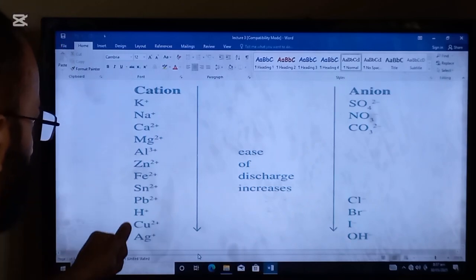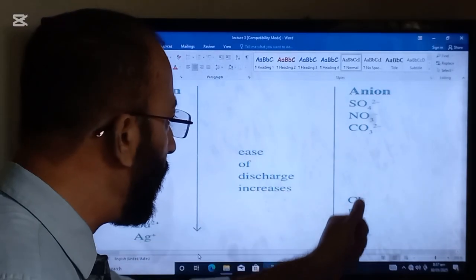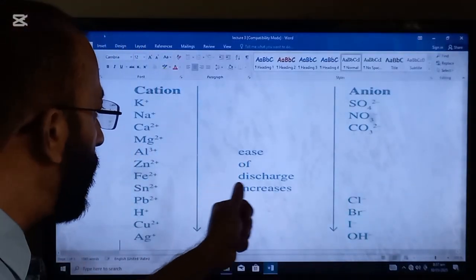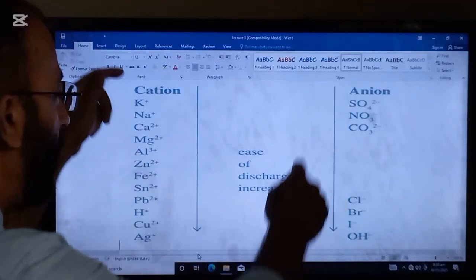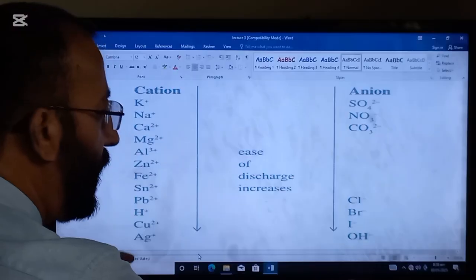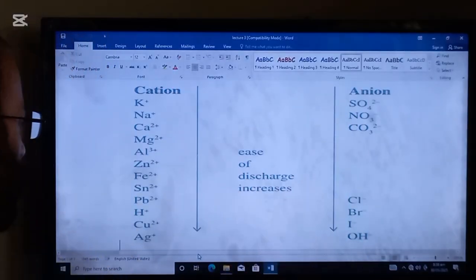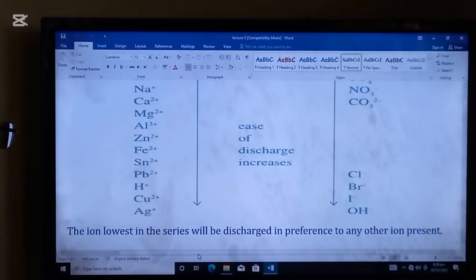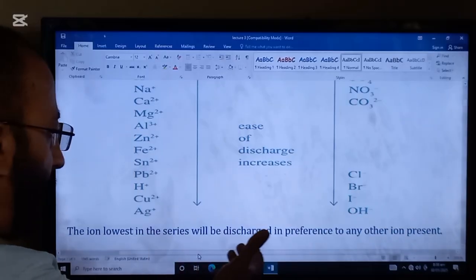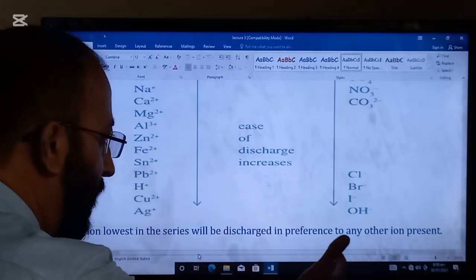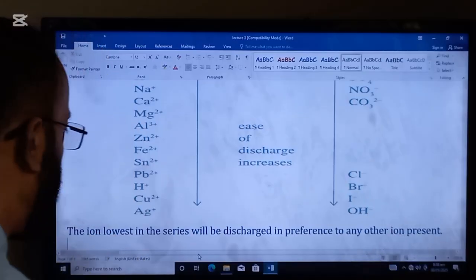These are cations and these are anions. Ease of the discharge increases as we go down the column. The ion lowest in this series will be discharged in preference to any other ion present.